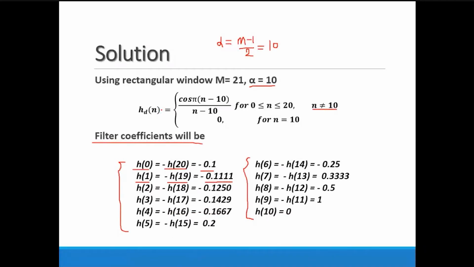You have to calculate the window function and multiply the window function with the HDN. Here whatever HN is given, that is nothing but HDN. So you have to take these H values and the window function values you are getting, multiply both and derive the answer.